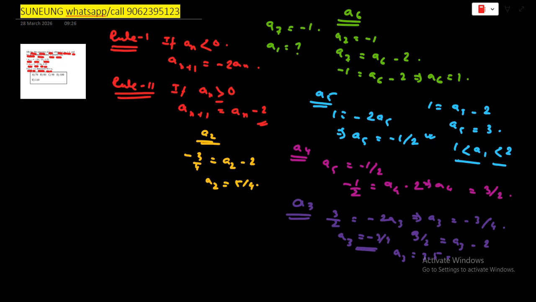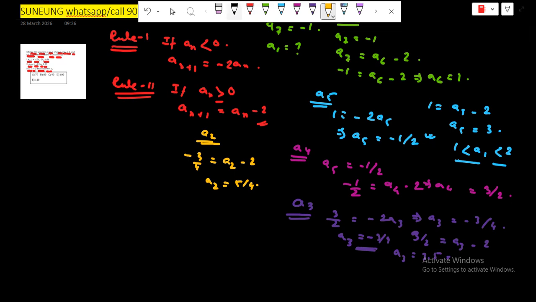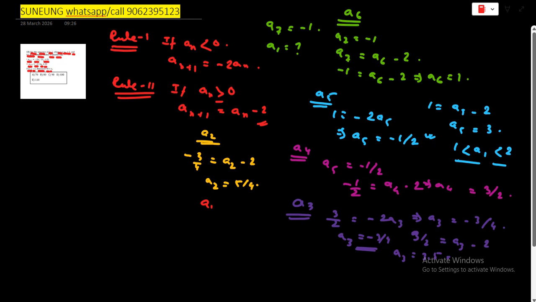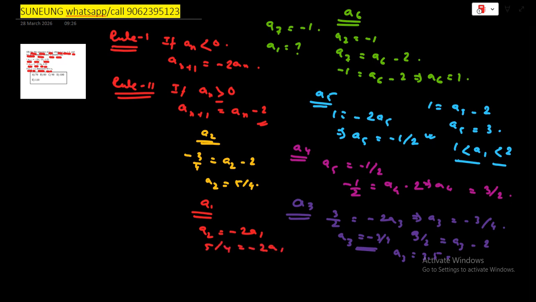Now the last thing is a_1, right? So come to a_1. a_2 is equal to minus 2a_1. So if 5/4 is equal to minus 2a_1, a_1 will be minus 5/8? No, a_1 must be between 1 and 2, right?